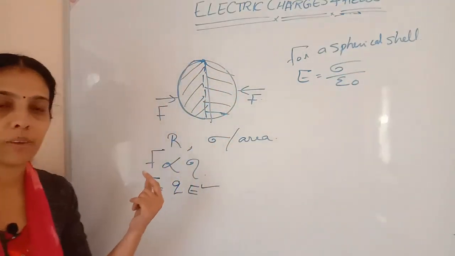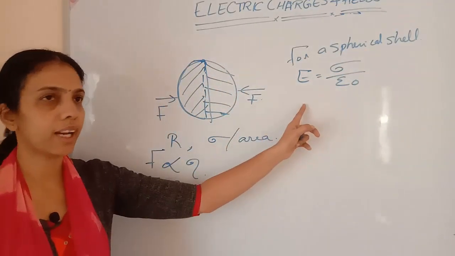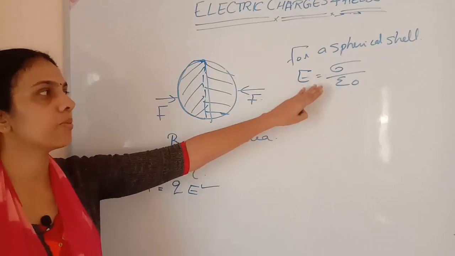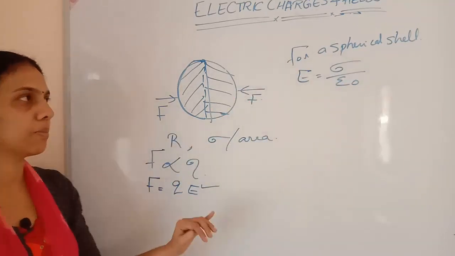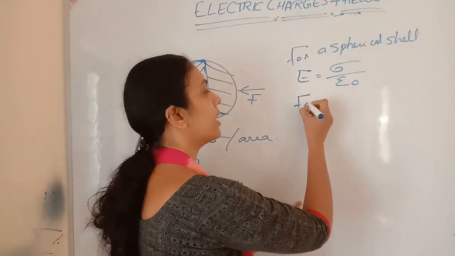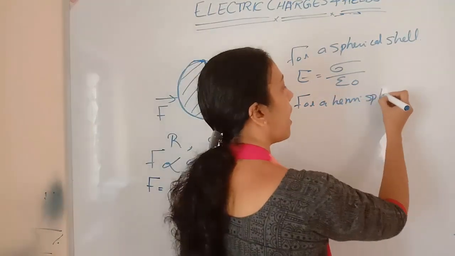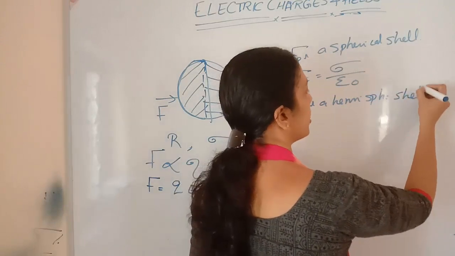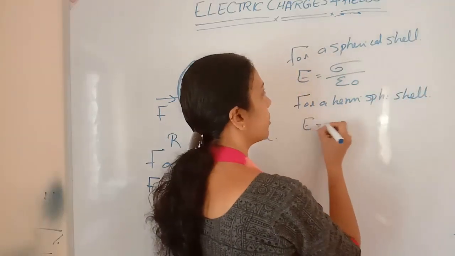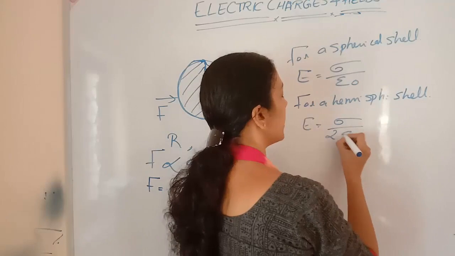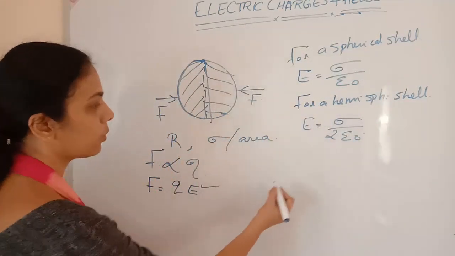This we did in the last video, right? E is equal to sigma by epsilon 0. Then for a hemispherical shell, which is half of that spherical shell, E will be equal to sigma by 2 epsilon 0.